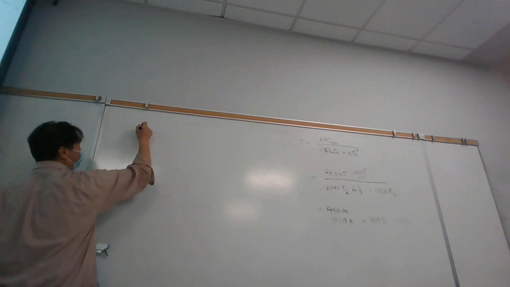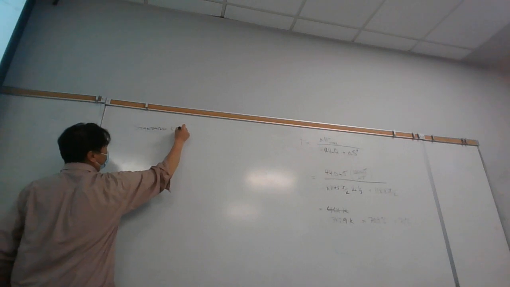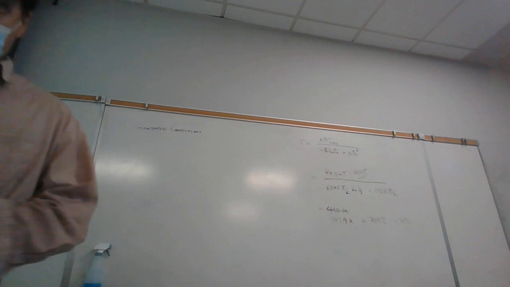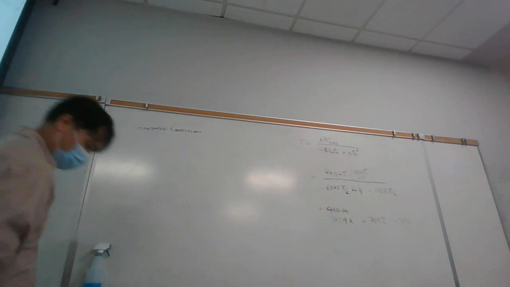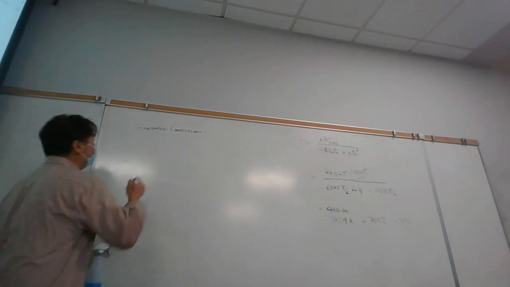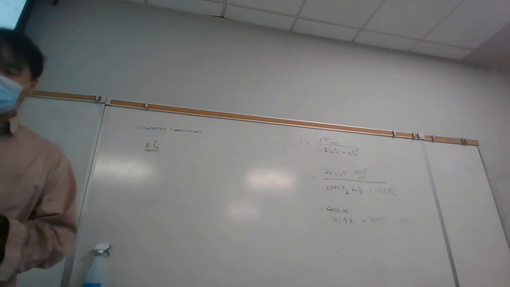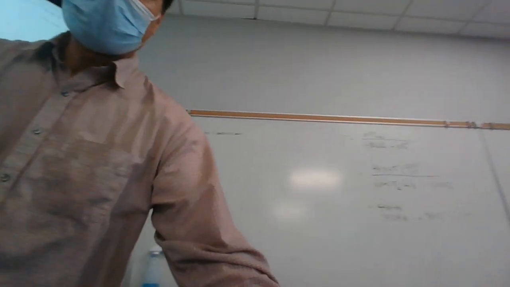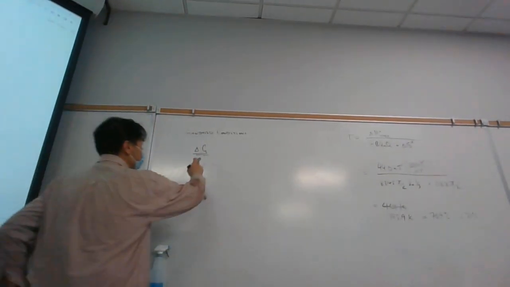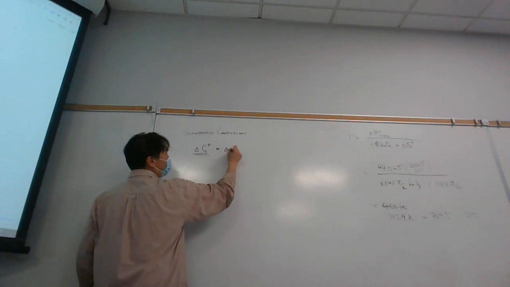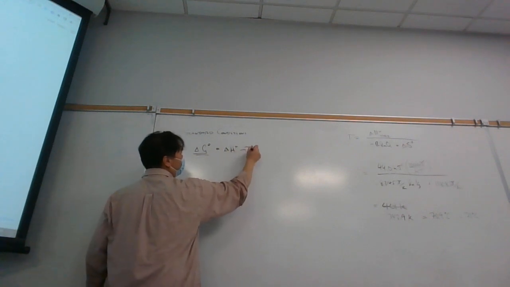So, under standard conditions, we're mainly interested in delta G. What is the driving force here? And so under standard conditions, there are different ways we can calculate delta G. We can get delta G under standard by calculating delta H naught minus T delta S naught.